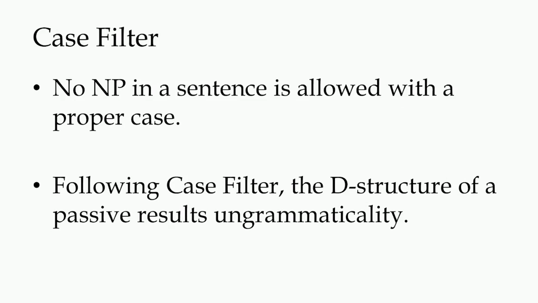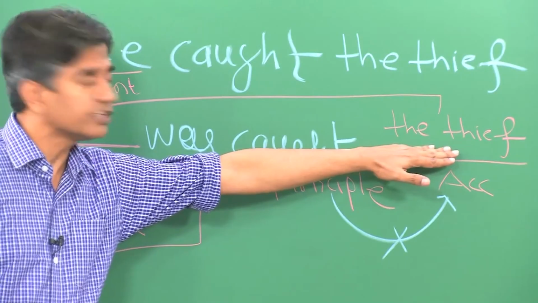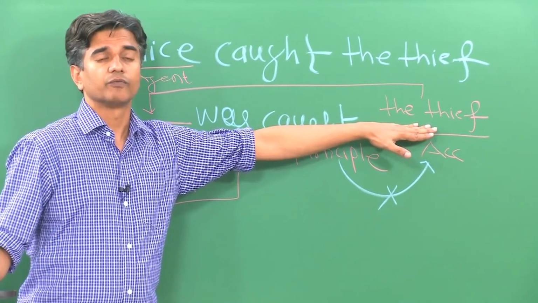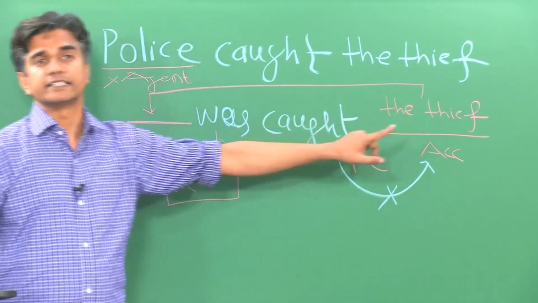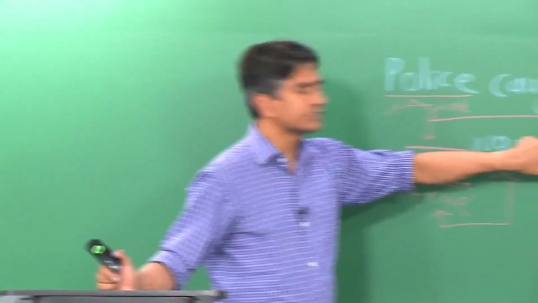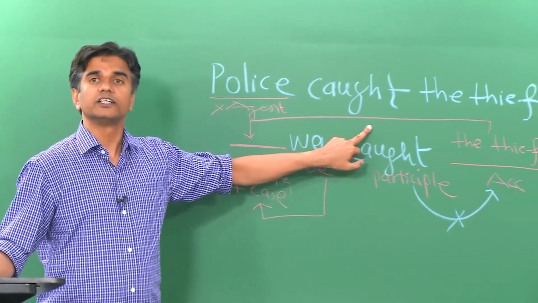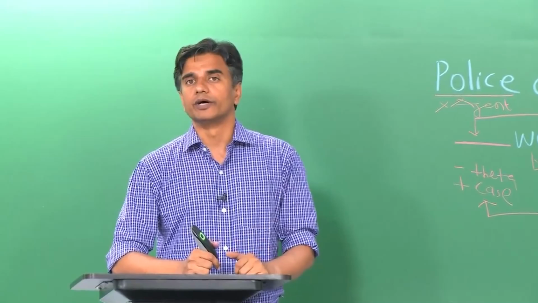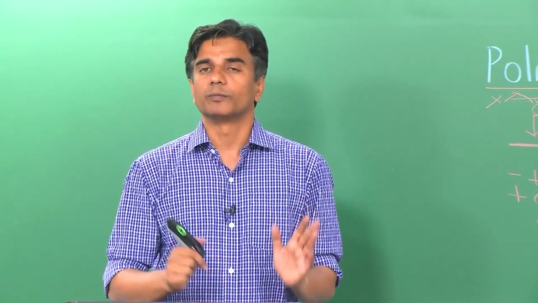So, following the case filter, the D-structure of a passive results in ungrammaticality because at deep structure it cannot allow an NP without a case here. I am repeating this again and again for you to see the motivation for displacement in natural languages. This displacement happens at the deeper structure of the underlying patterns, and it is figured out by the human mind as part of its normal acquisition of patterns.